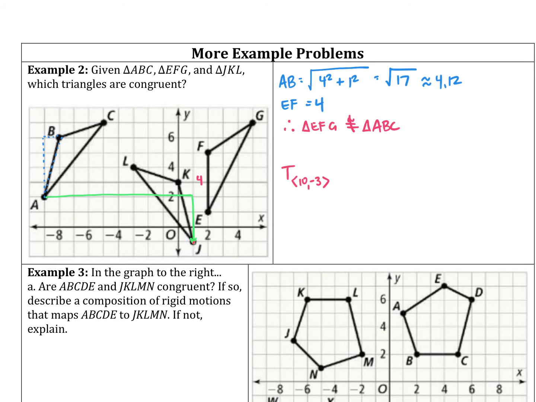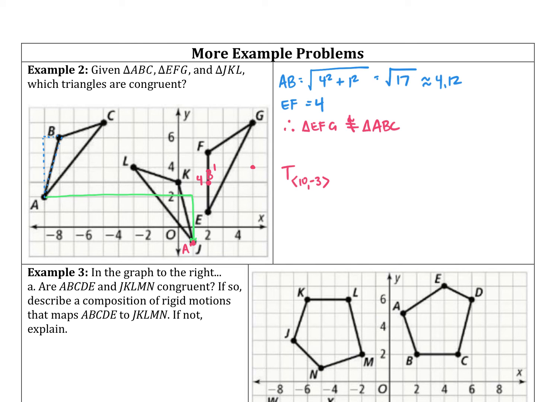That puts A right here, so we'll say A prime there. It puts B 1, 2, 3, 4, 5, 6, 7, 8, 9, 10, and then down 1, 2, 3. It puts B right there at 2, comma 3. So 2, comma 3 would be B prime. And then C would be over 10 and then down 3, right there at 5, comma 4.